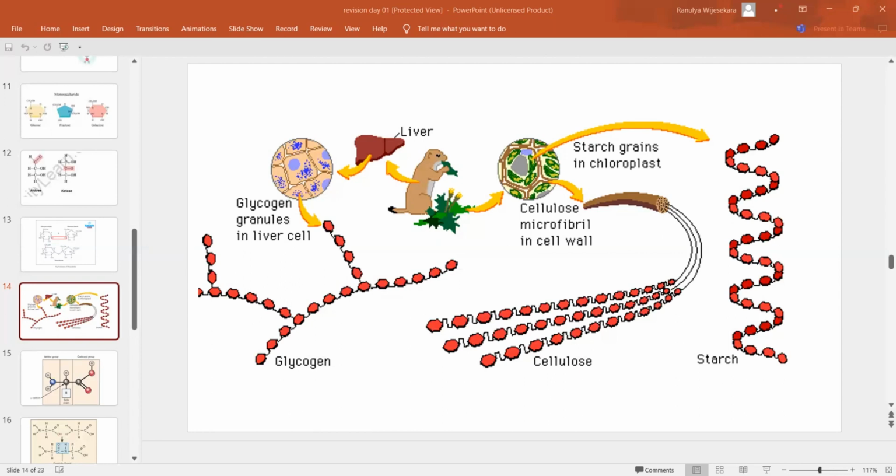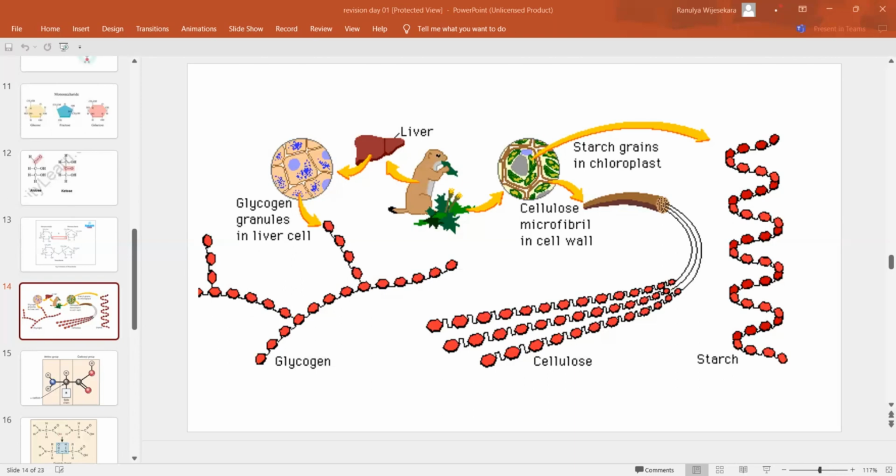Next one, disaccharides. Next one, polysaccharides. Next point, monosaccharides are the simplest form of carbohydrates.